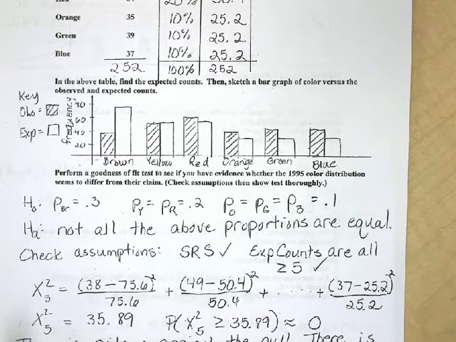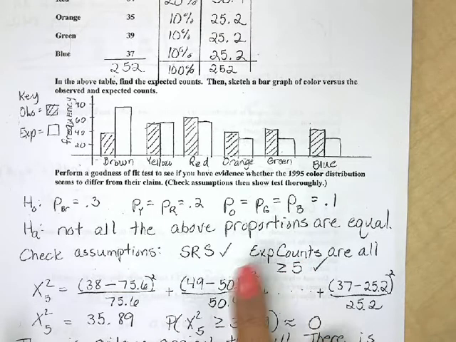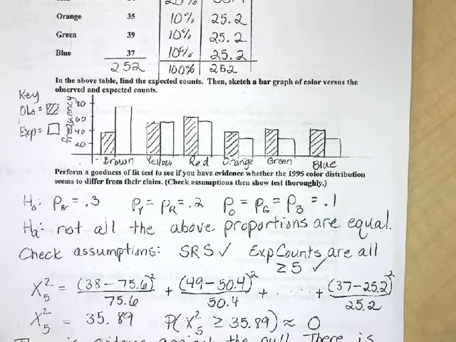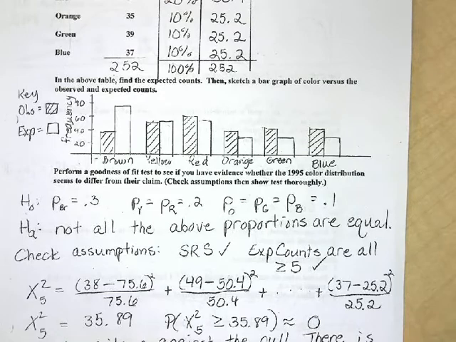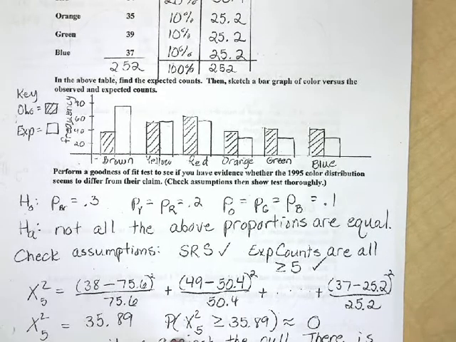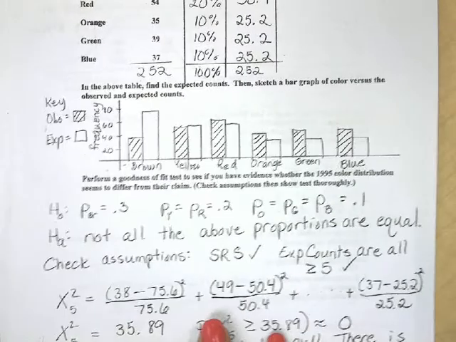So the chi-squared test is looking for these two assumptions, and now we need to find our test statistic. Our test statistic is calculated by doing this calculation.